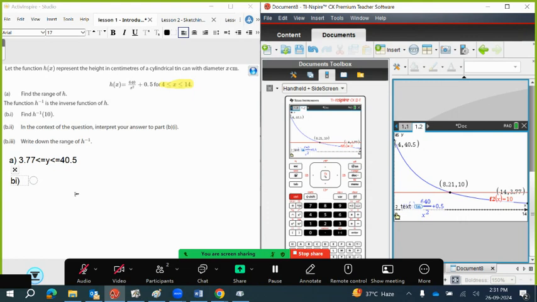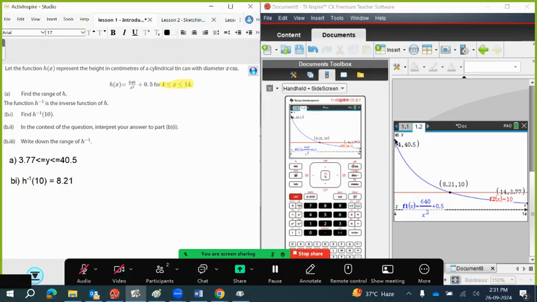So the inverse function is going to have the reverse of that. So on the inverse function, when x equals 10, y equals 8.21. And there's our answer.